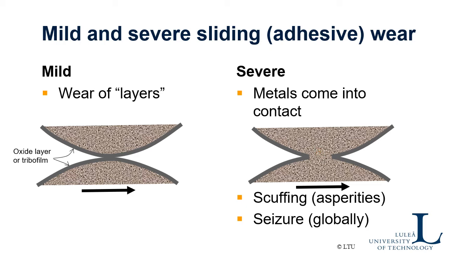You may also have a complete failure of the layers here, so you seize the whole surface. So you have a seizure, global seizure, and this is very bad, of course. In both cases you have so much wear that you may not be able to use the surface anymore after that.